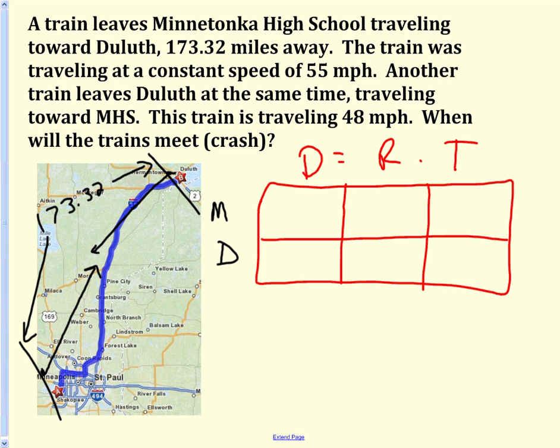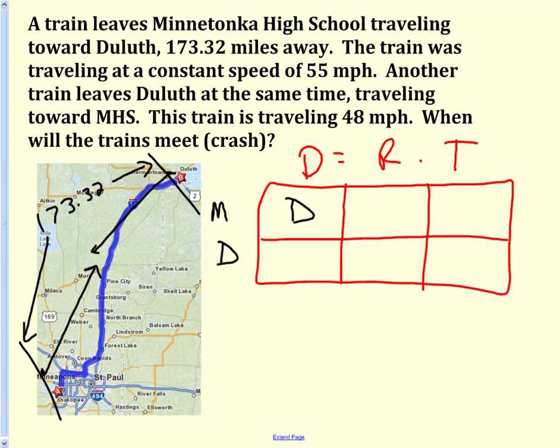So help me one step at a time. Did they specifically tell me how far the Minnetonka train went? No, they didn't say how far the Minnetonka train went. We know the two trains together went 173, but the Minnetonka train, I don't know, so I'm putting D. Do I know the rate at which the Minnetonka train is going?